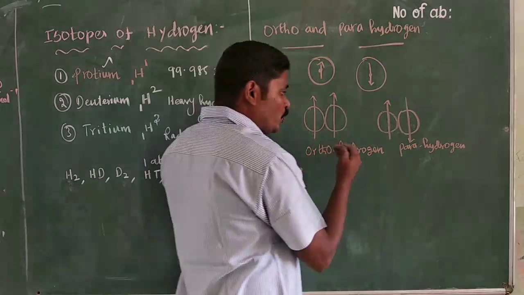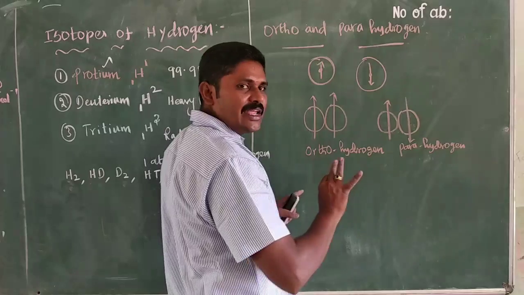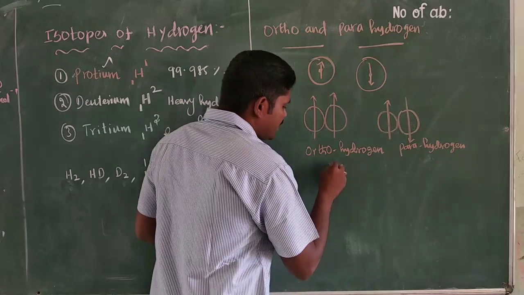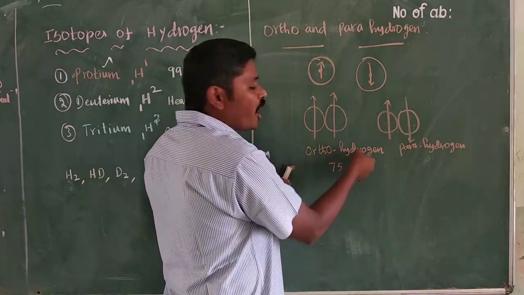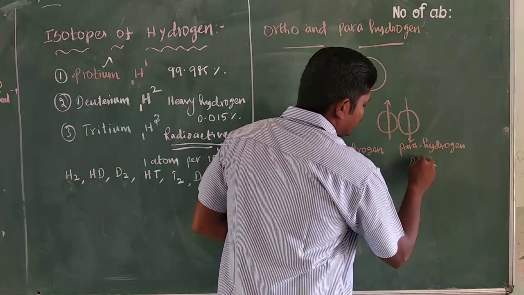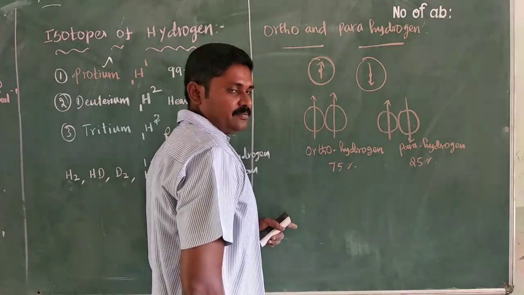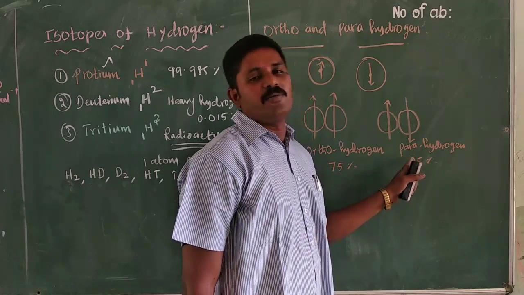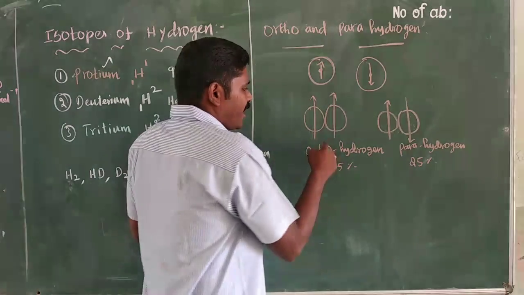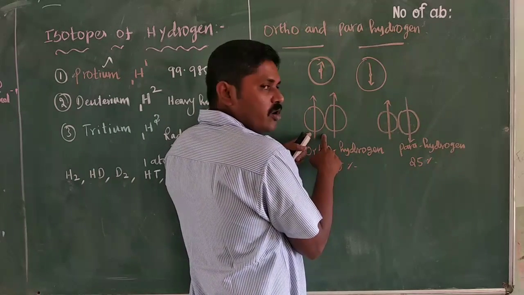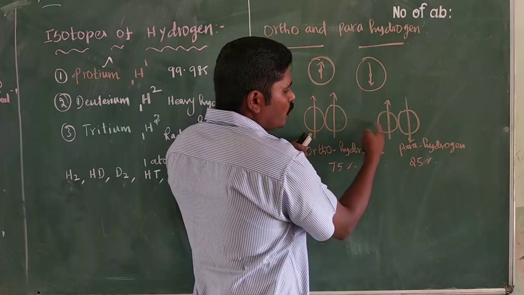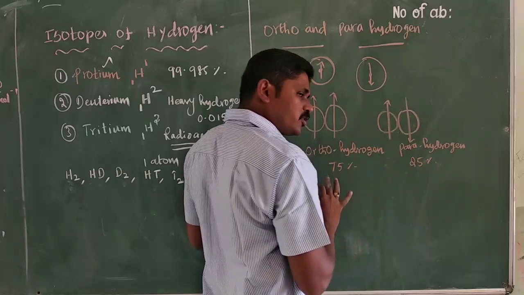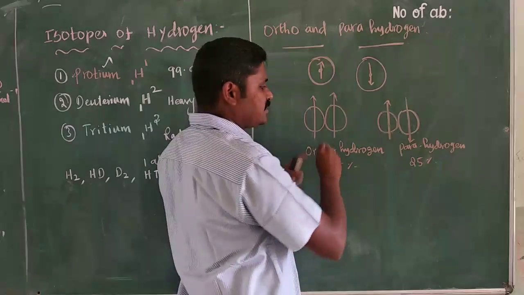At room temperature, normal hydrogen molecules consist of 75% ortho form and 25% para form. The conversion of ortho to para or para to ortho is very slow.